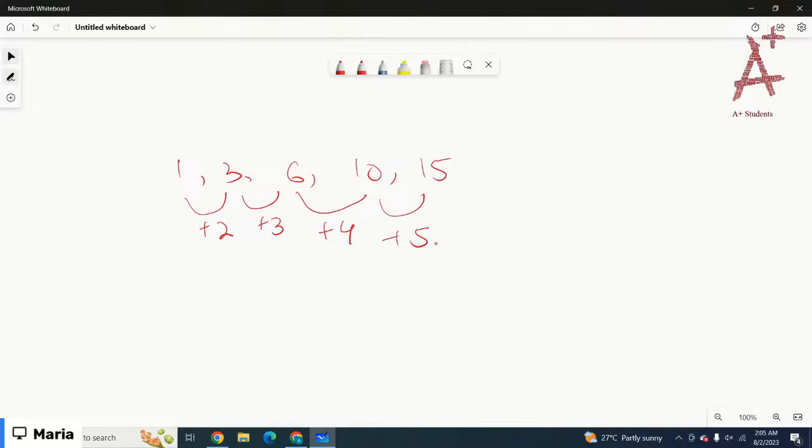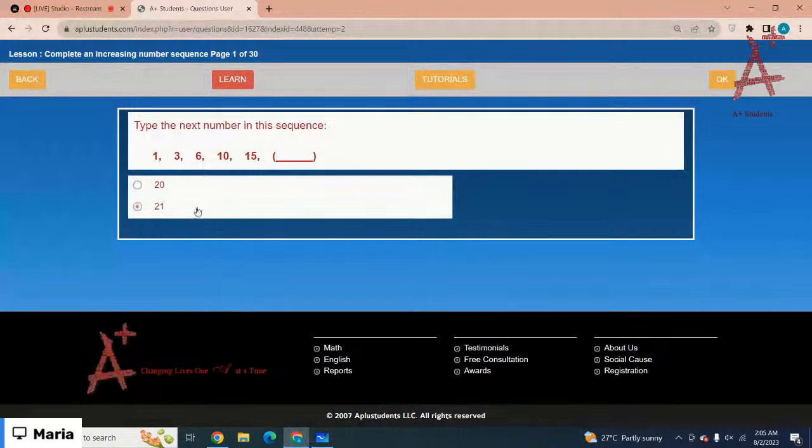And 10 plus 5 makes 15. That means the number you add is increased by 1 every time. So for the next one, you have to add 6. So 15 plus 6 makes 21. That means the next number in the sequence is 21.